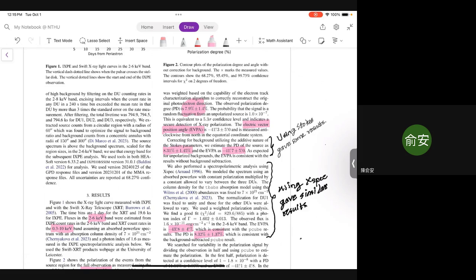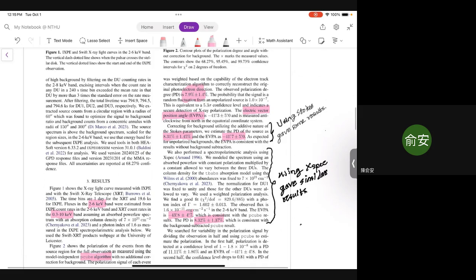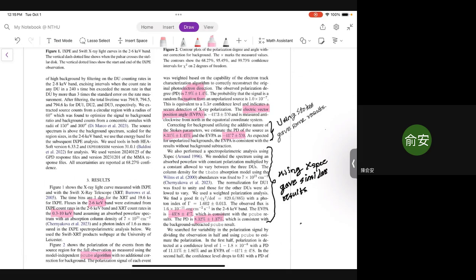So they are sure that the 7.9 plus or minus 1.4 percent is definitely polarized, and the electric vector polarization position angle is minus 41 degrees. That measures how we are looking at the source, the electric vector position angle.